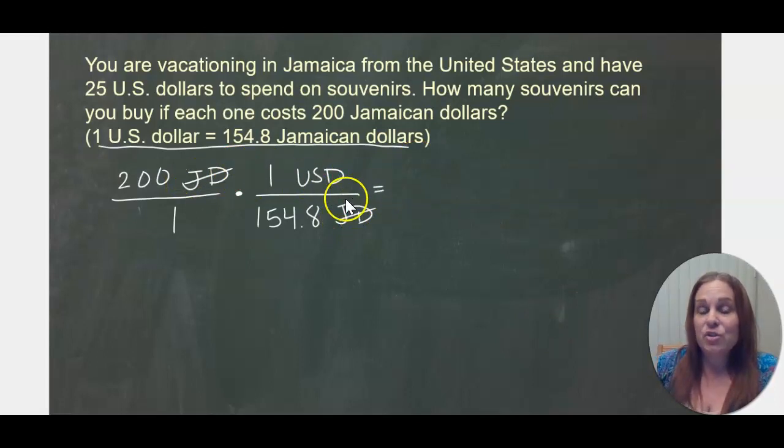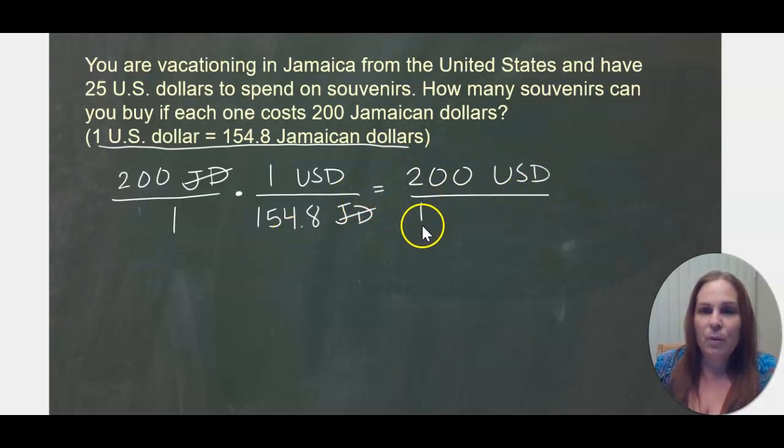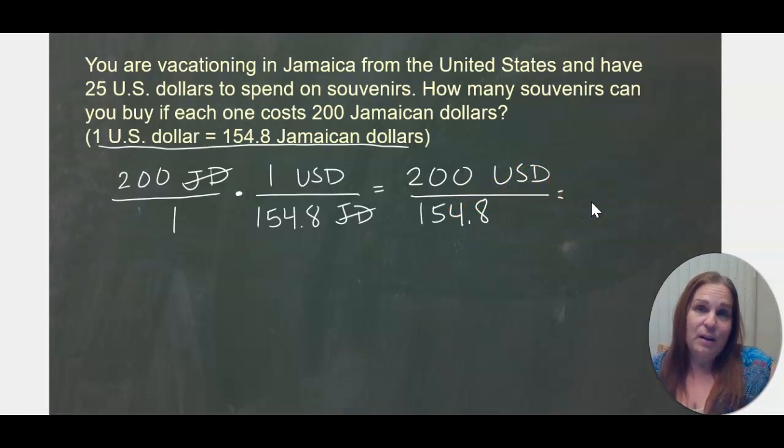I multiply straight across, so I get 200 times 1 US dollars over 154.8. One more step, I have to divide, right? What is 200 over 154.8? Fraction bar means divide.